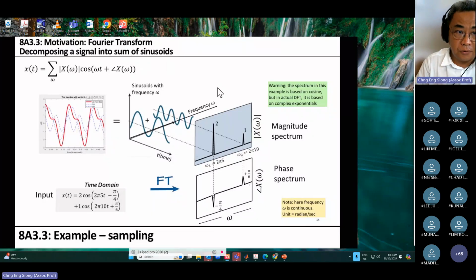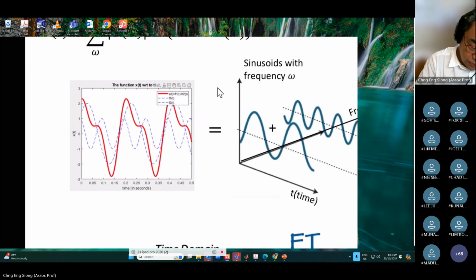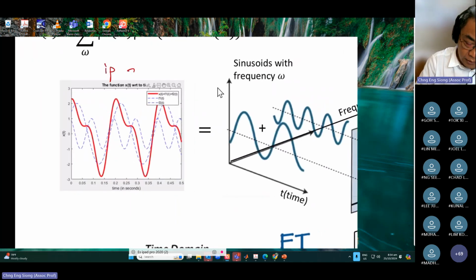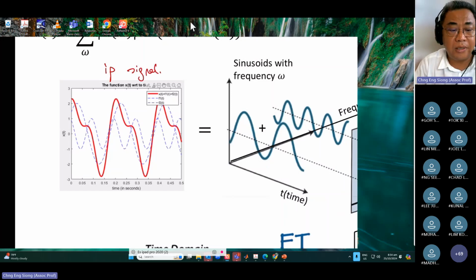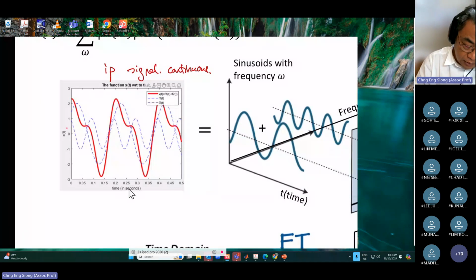And Fourier transform basically takes in an input signal. Let's not care about what kind of representation it is. In this example, it is a continuous time representation. We're just trying to make you understand what Fourier transform is doing. It takes an input signal, and let's call our input signal x of t.